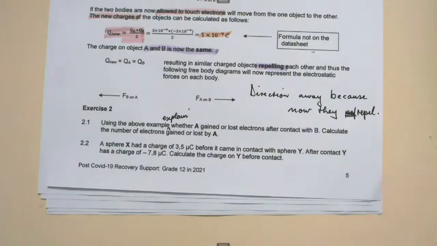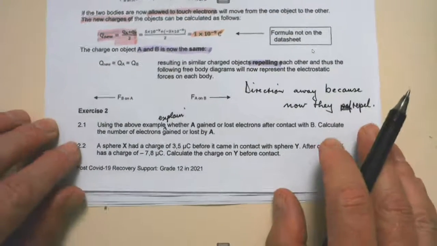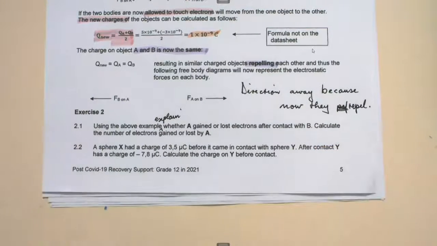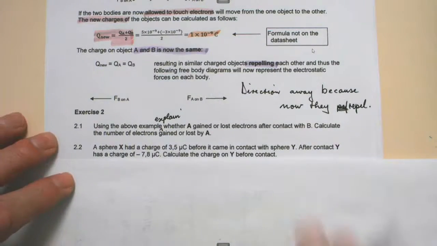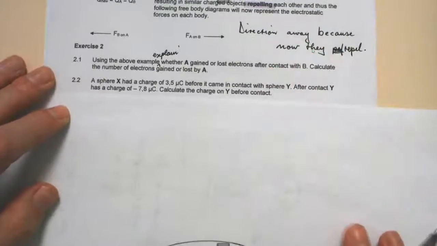Right, now if we go to 2.2, I say here a sphere X had a charge of 3.5 microcoulomb before it came in contact with sphere Y. After contact, Y has a charge of minus 7.8 microcoulomb. And then I ask you, calculate the charge on Y before contact. Okay, so there's a couple of things here that if you understand it, this question is quite easy.